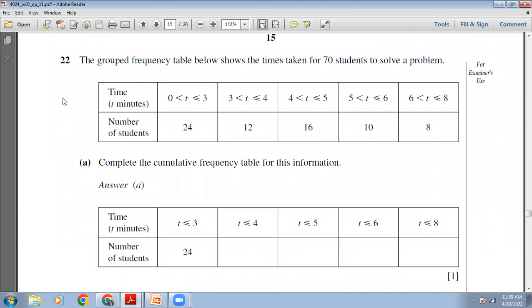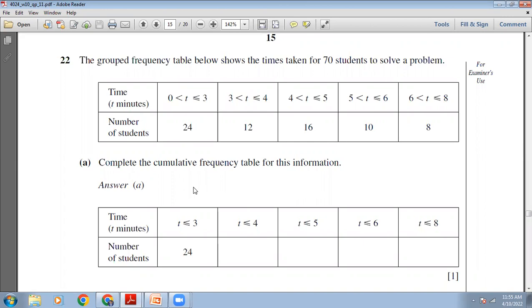Here, the grouped frequency table below shows the times taken for 70 students to solve a problem. So here the classes are given: 0 to 3, 3 to 4, 4 to 5, 5 to 6, 6 to 8. Their frequencies are 24, 12, 16, 10, 8. Complete the cumulative frequency table for this information.